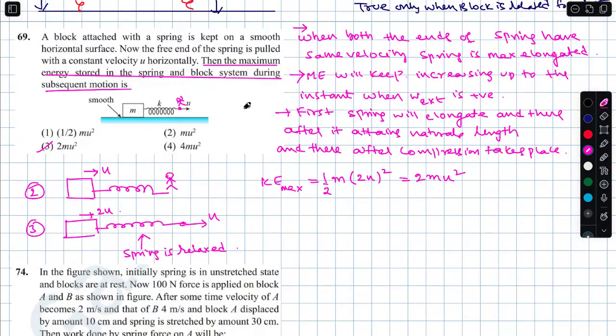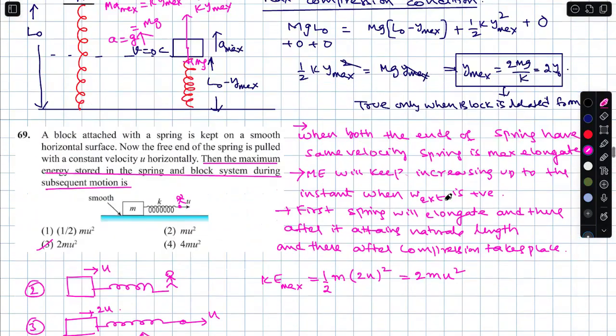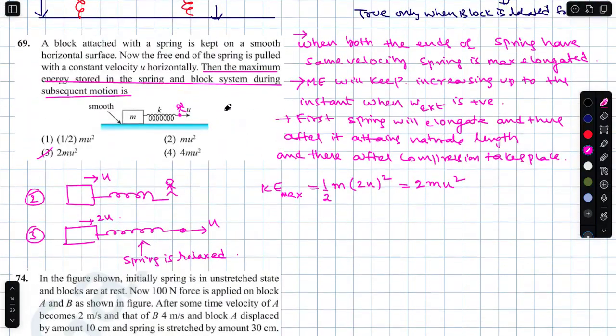Initially, it is moving like this. Stage 1. Thereafter, it comes to instantaneous rest with respect to him. Thereafter, it turns back and moves in the direction of the motion. At this stage, it will have the maximum kinetic energy.